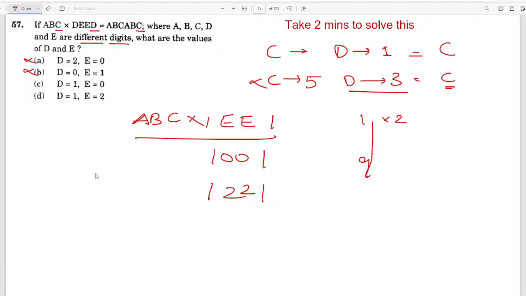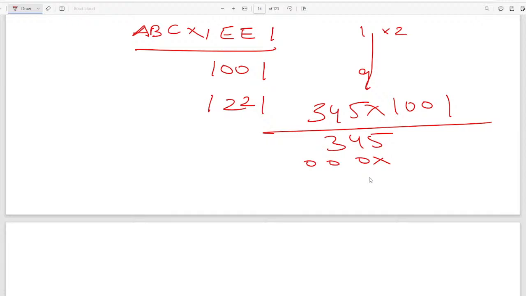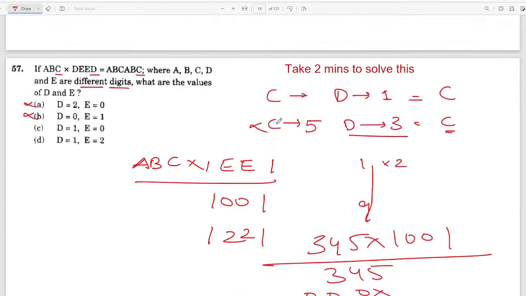If you multiply, for example, take any number, 345 into 1001, you can write it as 345. 1 into 345 is 345. Then 0 0 0, again when you multiply by 0, this will be 0 0 0, and again 345. So this would be 345345. Correct answer is option C.